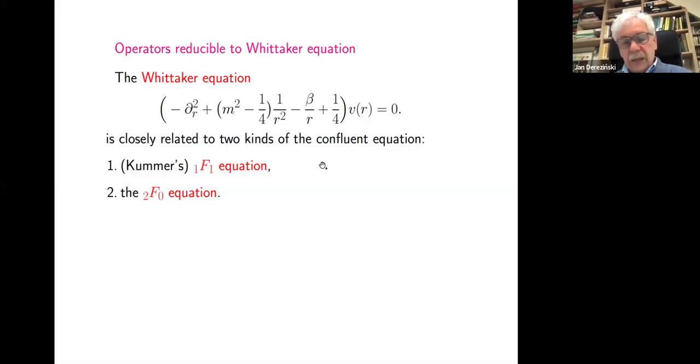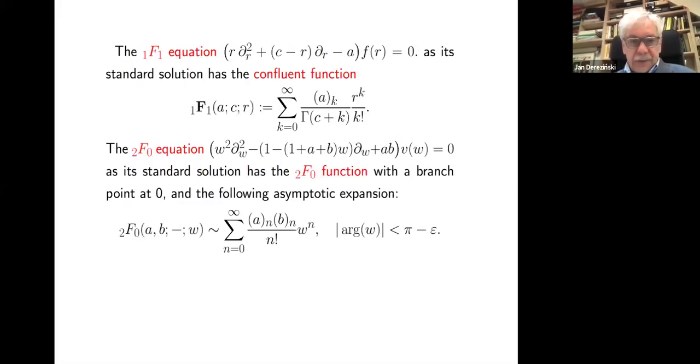Now, there exist two kinds of confluent equation. The usual one, which is sometimes called Kummer's confluent equation, has a solution which is the f11 function, but there is another type, and I will explain this on the next slide.